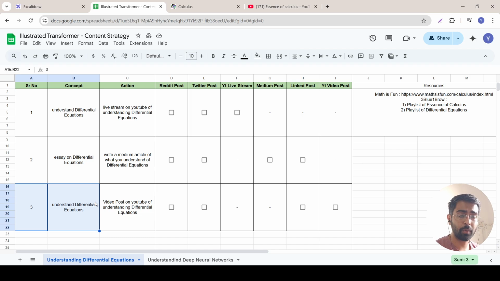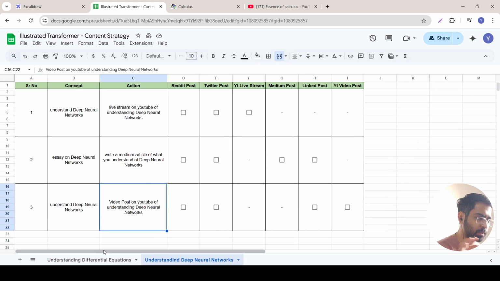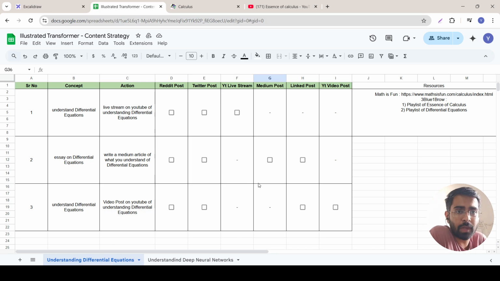So this will cover the point: if I'm able to make you guys understand this differential equation in a very crystal clear manner, then in a way, I have understood this. And then we will proceed to the next part, understanding deep neural networks. Okay, so this is the plan, and obviously this is not easy. It's very complex.